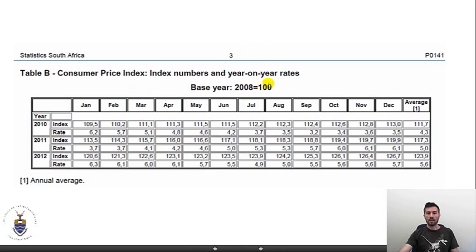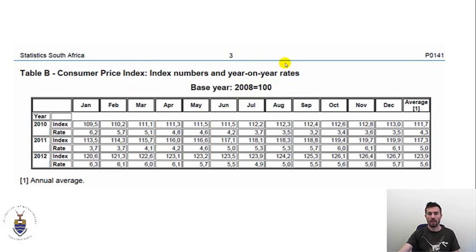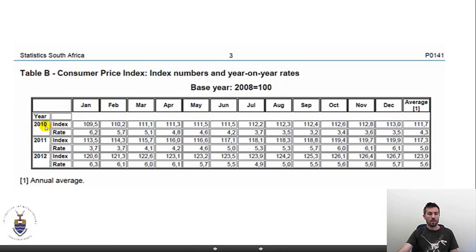Then what happens in 2009, if I buy that same basket of goods, I want to know what is the value of that basket. Well, in 2010, the value of that basket is 111.7. So in other words, the value of the basket has gone from 100 to 111.7.